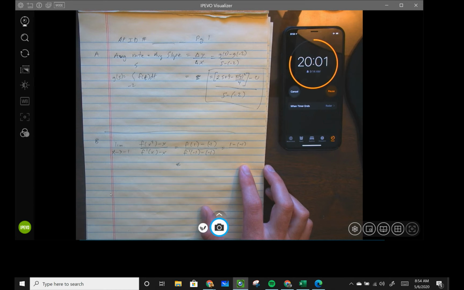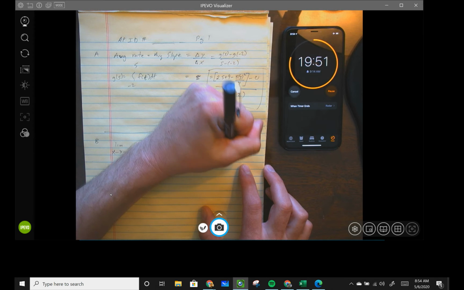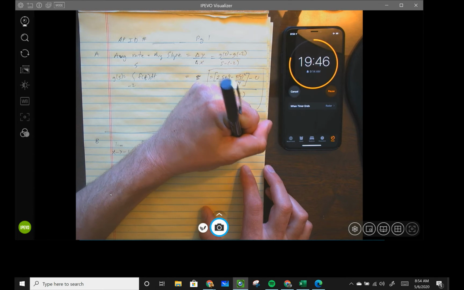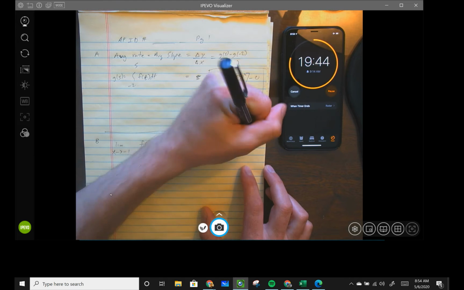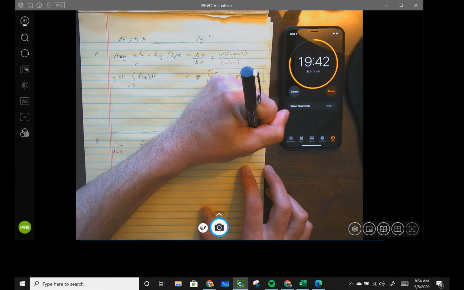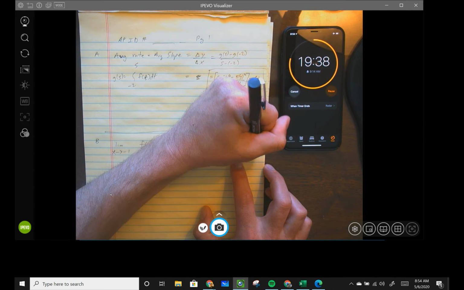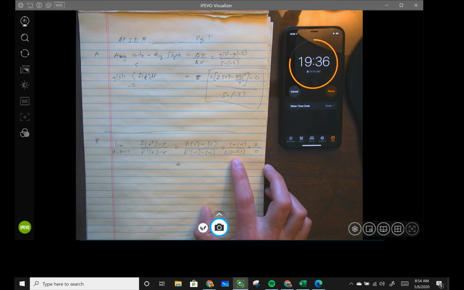F prime of -1 is the slope of the tangent line at -1, and that is -1 minus a -1. So that's 2 over 0. So the limit doesn't exist.